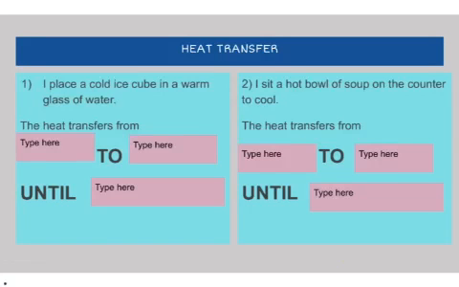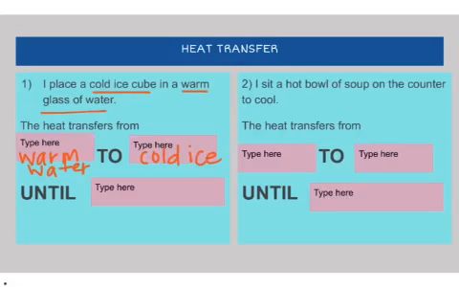And let's talk about heat transfer. So if I place a cold ice cube in a warm glass of water, the heat is going to transfer from the warm glass of water to the cold ice. So it's going from hot to cold until the temperature is the same.